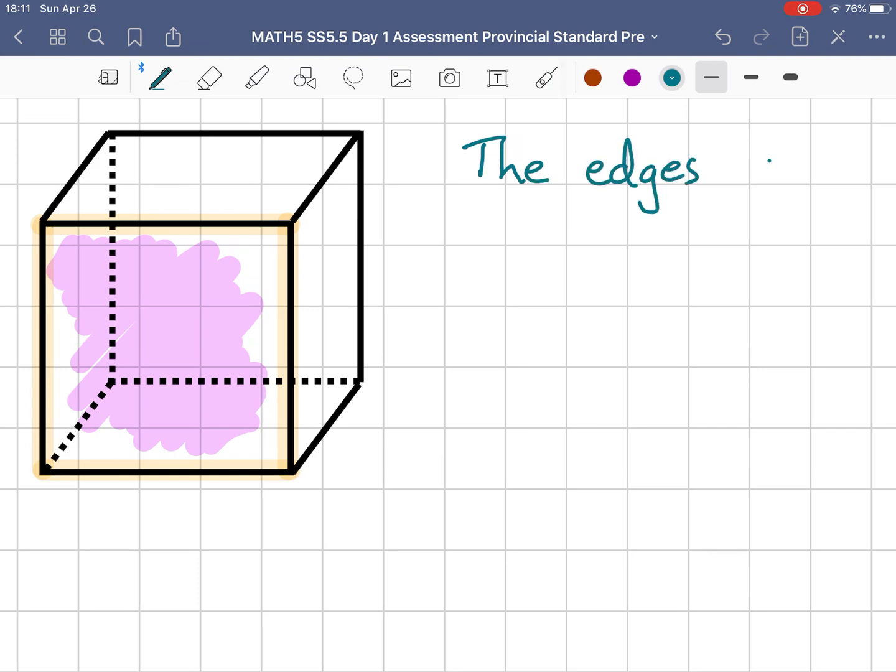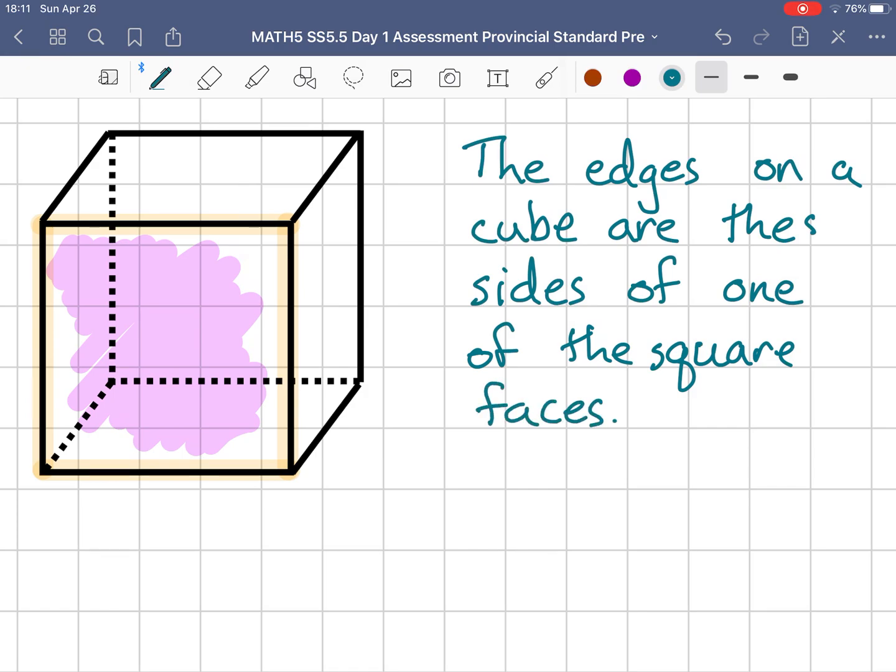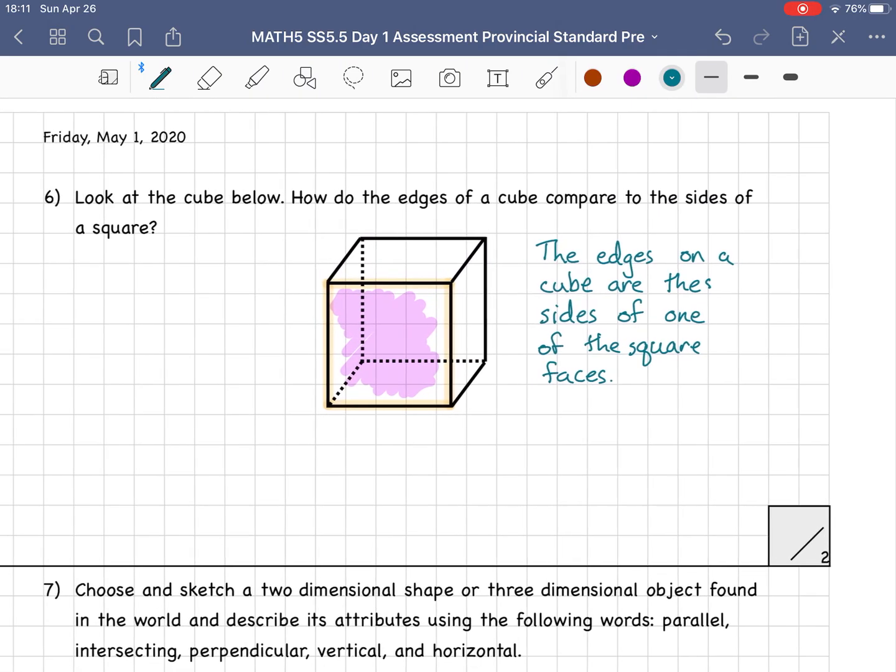The edges on a cube are the sides of one of the square faces. A cube has 6 square faces, and the edges of the cube are just the sides of those 6 square faces.